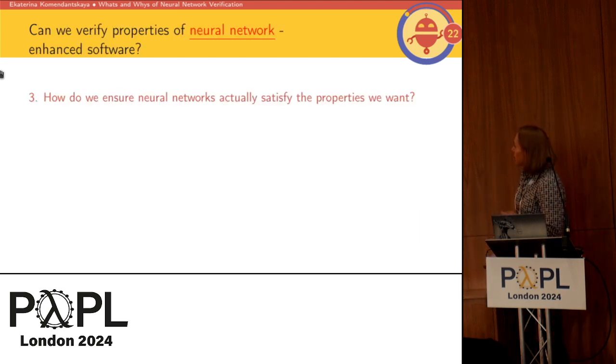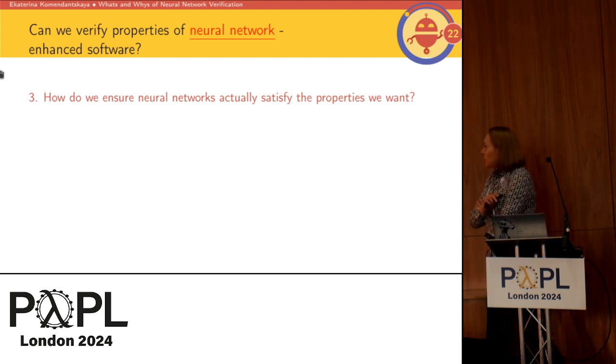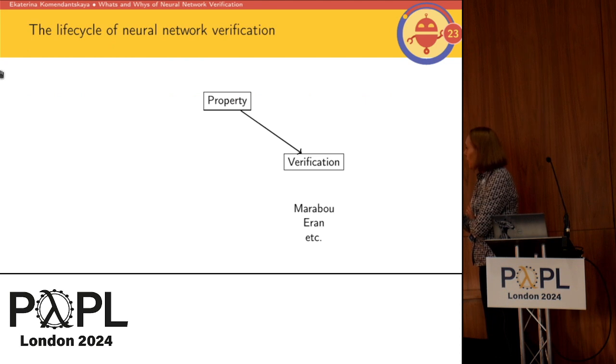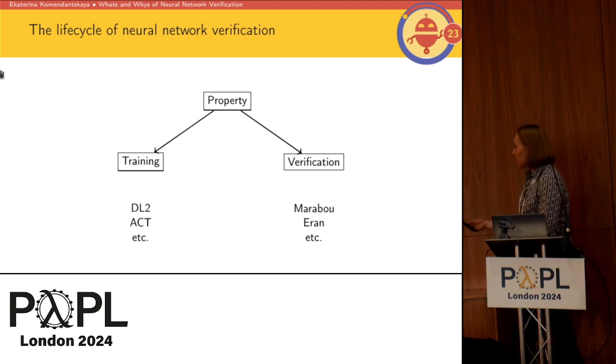Okay, let's crunch our question in a third way. How about neural networks? Let's actually remember that those functions that we're verifying are neural nets. So before we verify a neural network, how do we even know that it satisfies the property we want to verify? Very often it simply fails: your property goes through the verifier, and your verifier says, nope, it doesn't hold.